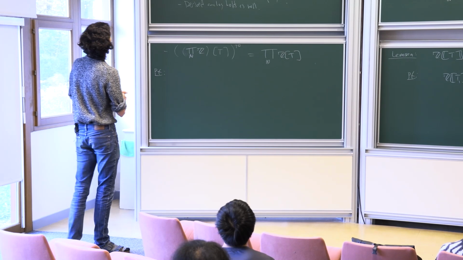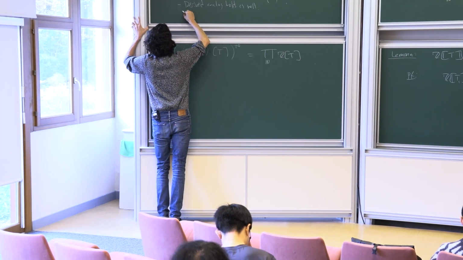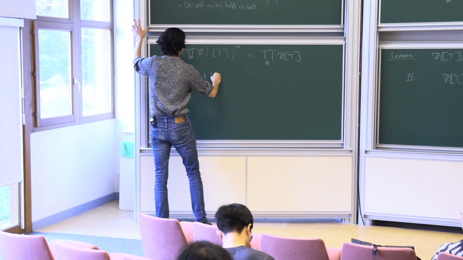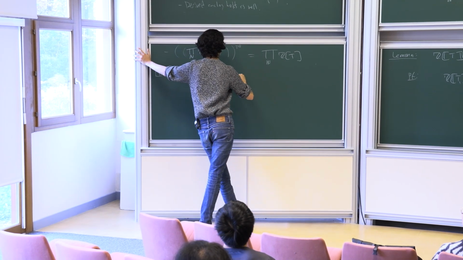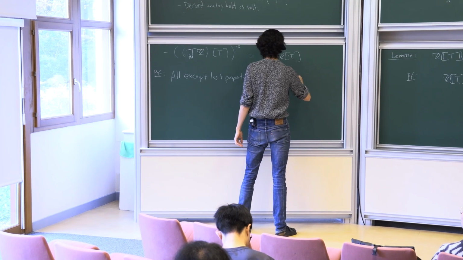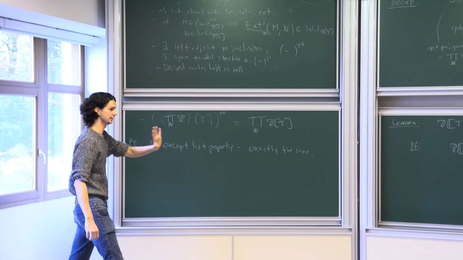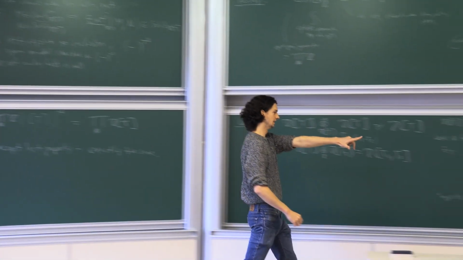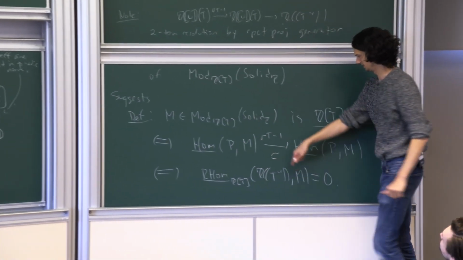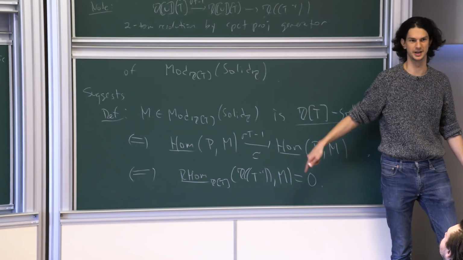So for the proof, all of these properties, so all except the last, that's exactly the same. The arguments for all of those things were completely formal, just based on the fact that you have this internally projective object P, and you're asking that some endomorphism of internal Homs from P to M become an isomorphism.